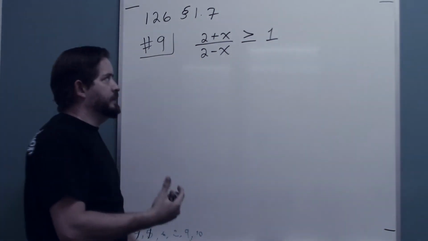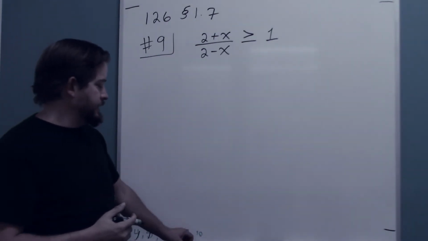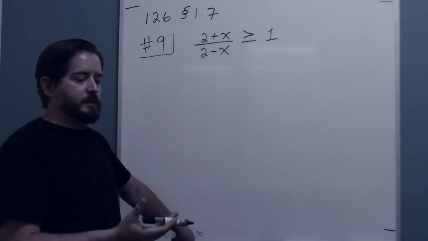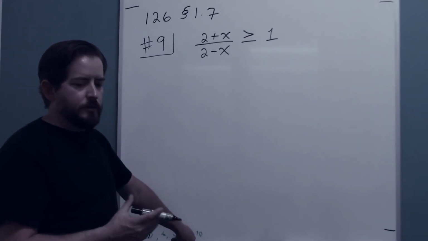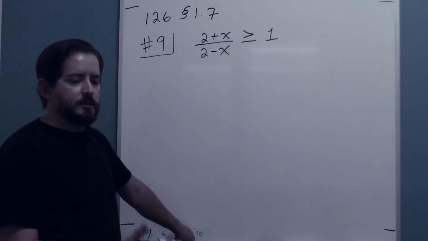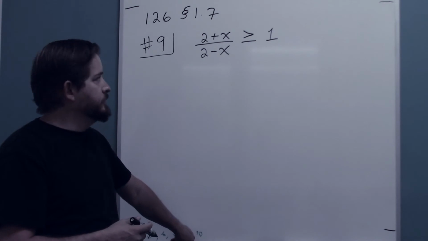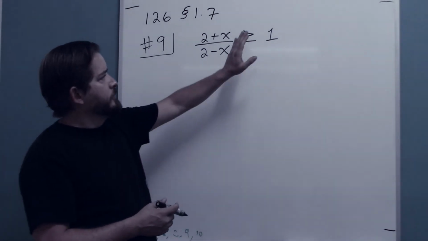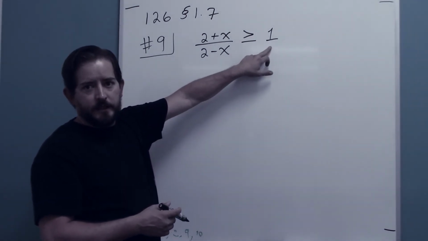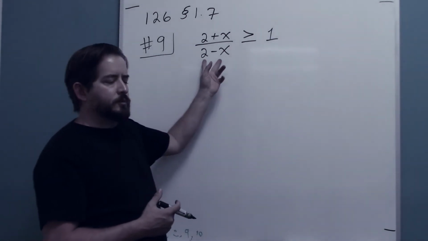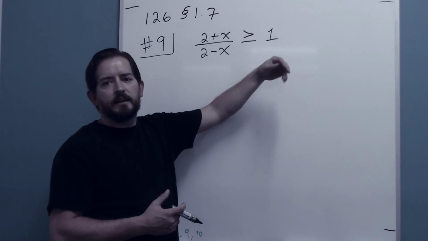Now, everything that we've been doing is dependent on that zero factor law that says you have zeros wherever the multiplication of these things ends up being 0, which if you have factors, one of those factors has to be 0. Which means that I need a 0 on the other side here, right? And it might be easy to say, well, just multiply 2 minus x up to the other side and then move on.